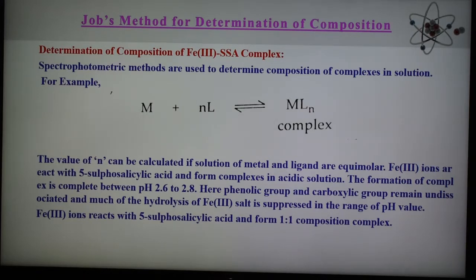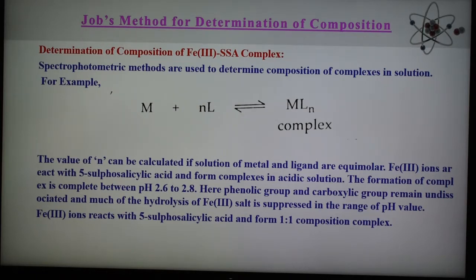Here the metal reacts with the ligand sulfosalicylic acid and forms the complex in acidic solution. The formation of this complex takes place in the pH range 2.6 to 2.8, and the phenolic group and carboxylic acid group present in the ligand remain undissociated, and the hydrolysis of the metal salt is much increased outside the range of optimum pH value.